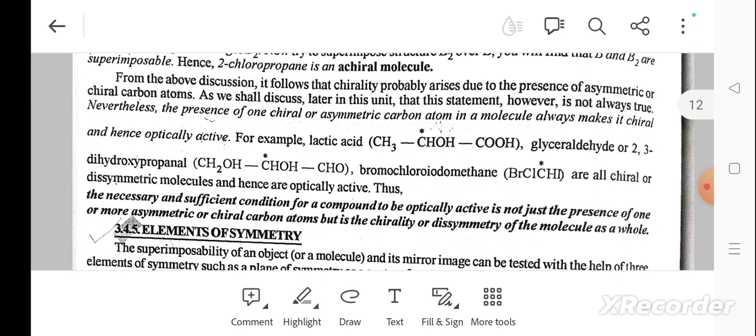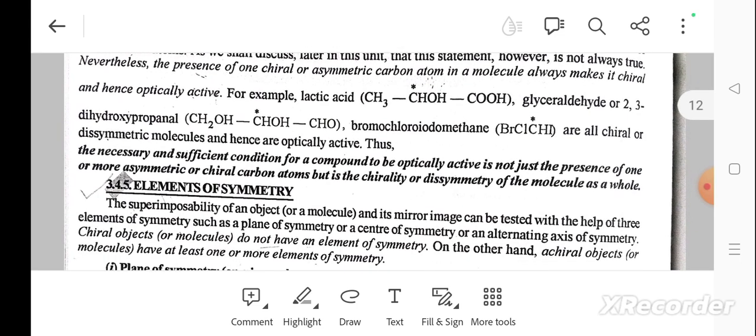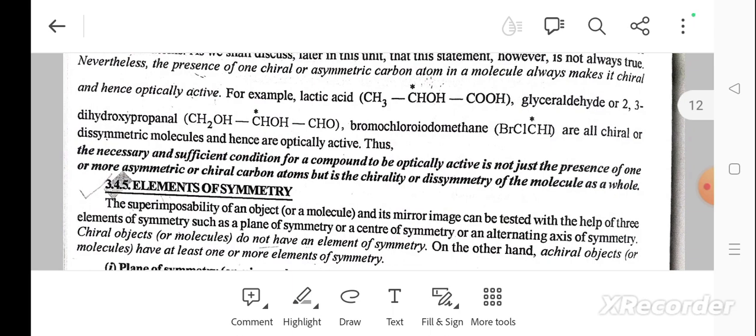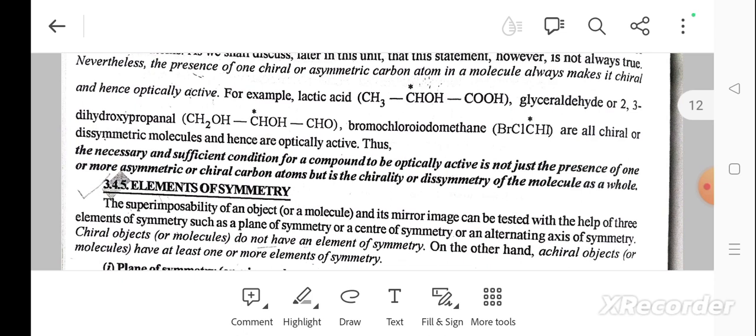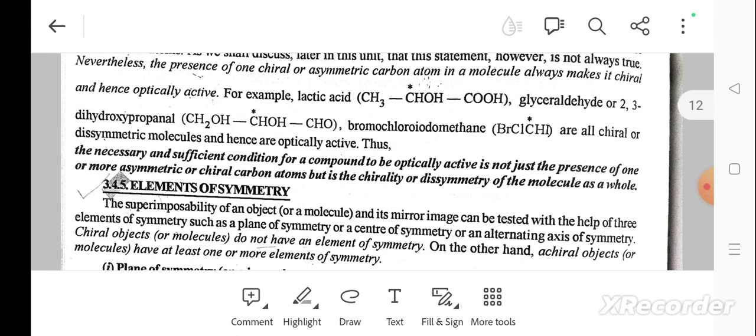As we shall discuss later in this unit, however, the statement is not always true. Nevertheless, the presence of a chiral or asymmetric carbon atom in a molecule generally makes it chiral and hence optically active. Examples are lactic acid, glyceric acid, dioxypropanol and bromochloroiodomethane. All are chiral, dissymmetrical molecules and hence are optically active.